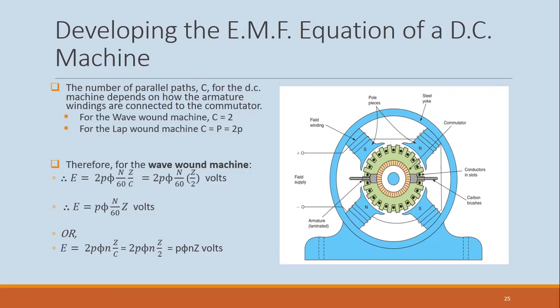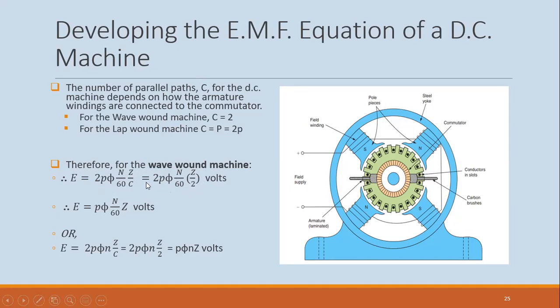All right, so if we include what C is equal to in the equation, then E is equal to 2p phi n over 60 times Z over 2 for the wave-wound machine.